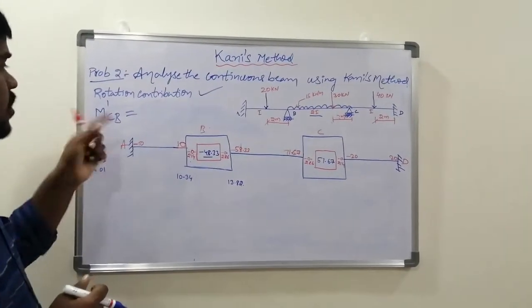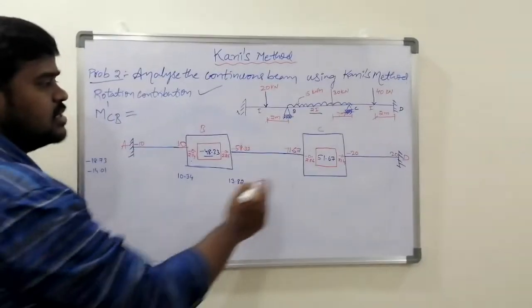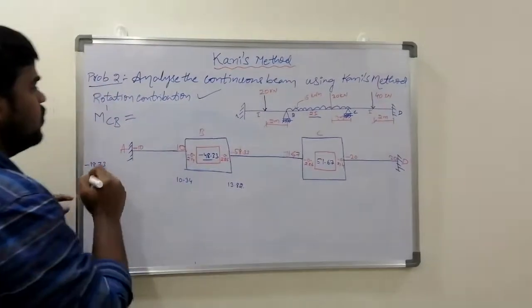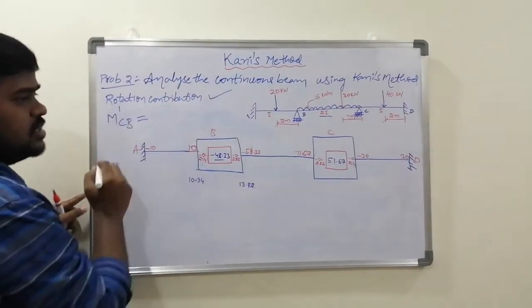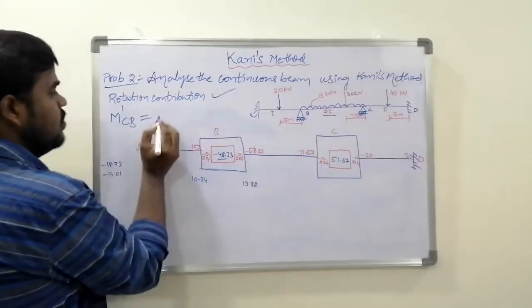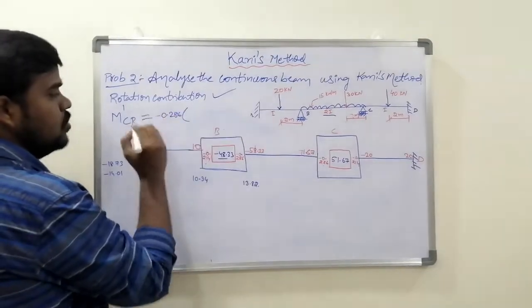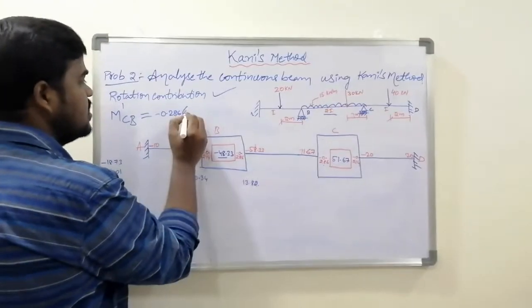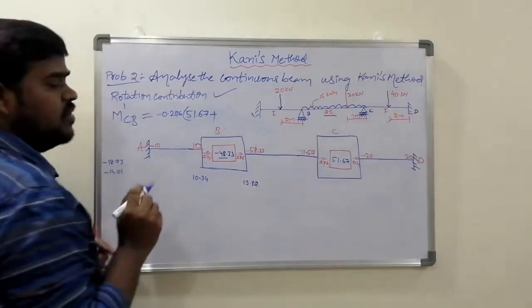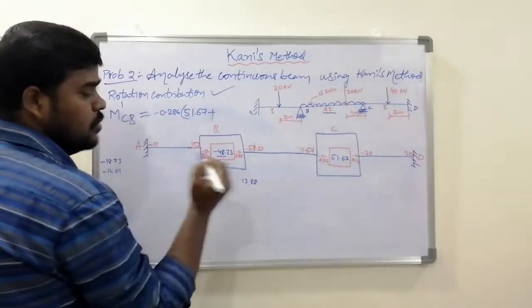Yes, next the rotation contribution at joint C. That means the rotation contribution of CB and CD we have to find. For CB, as just discussed in the formula, first we have to write minus 0.286 into the summation of fixed moments, 51.67, plus here we have the far end contribution as 13.82.